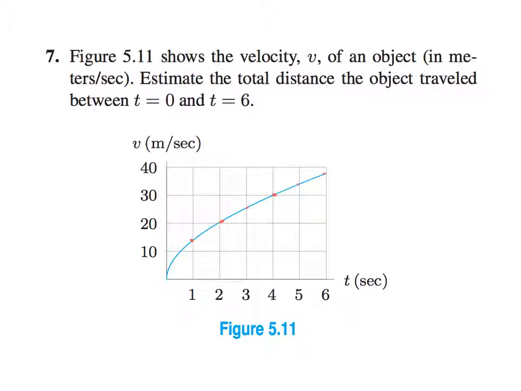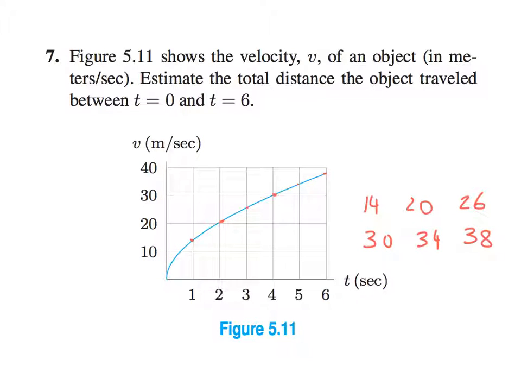It would be like 14, then about 20, then about 26, 30, and let's say 34 and 38. So those are speed measuring points.